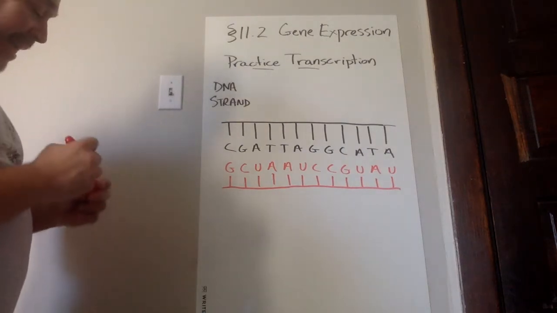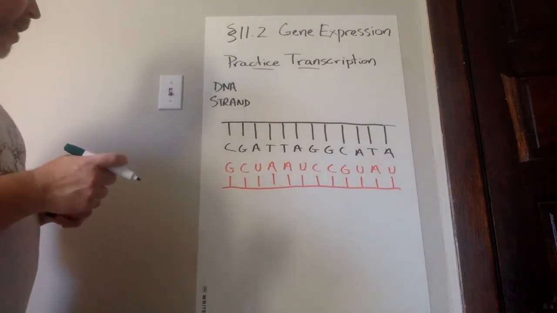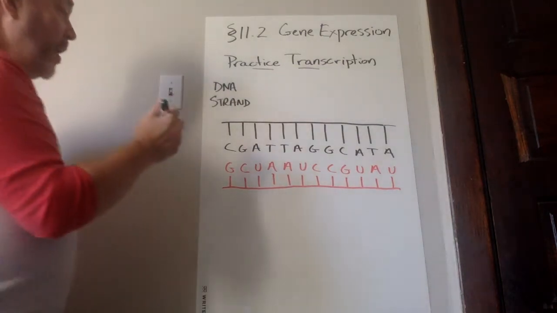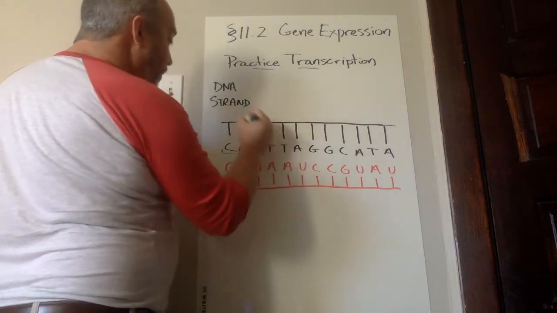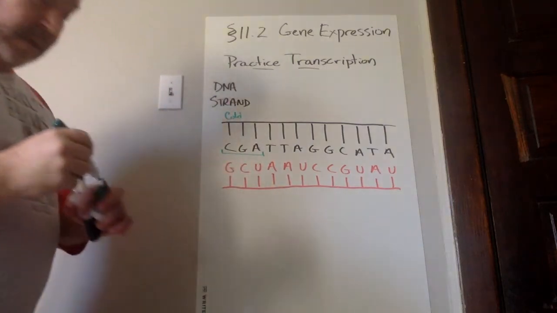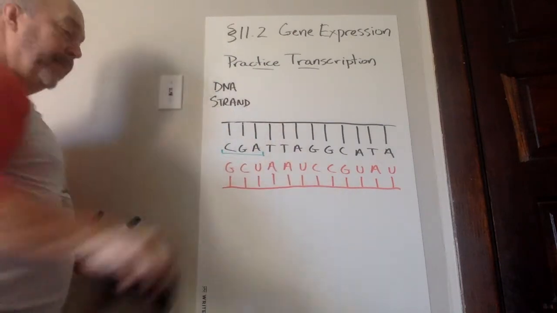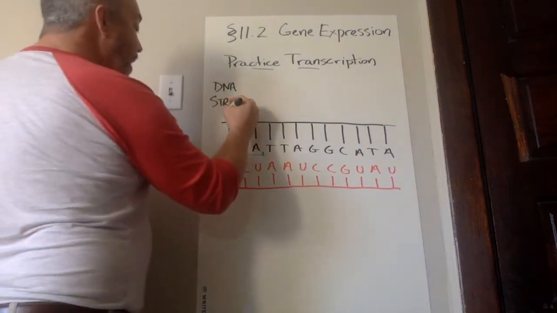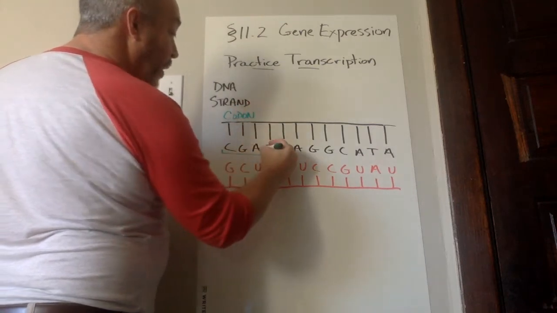Now remember, the second part of mRNA is mRNA processing. Another term you're going to need to know is that every 3 letters of the DNA is called a codon. So I didn't spell that well. So C, G, and A in this strand is a codon.